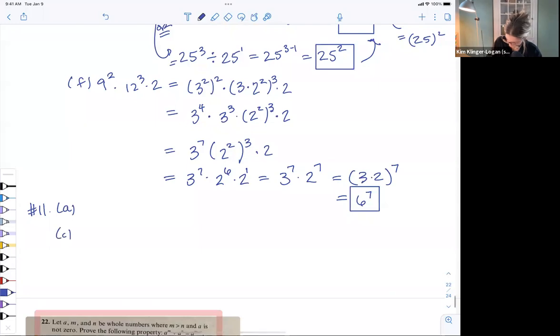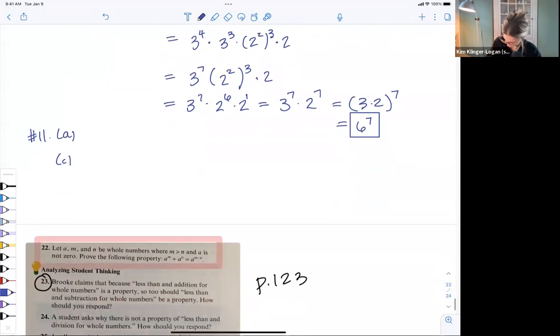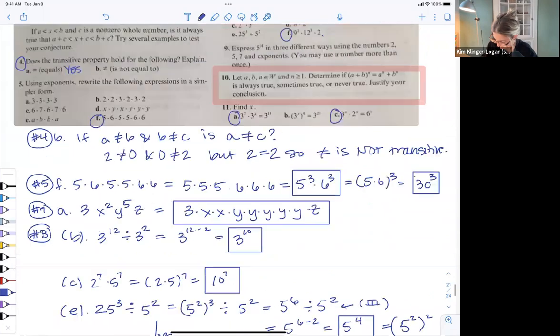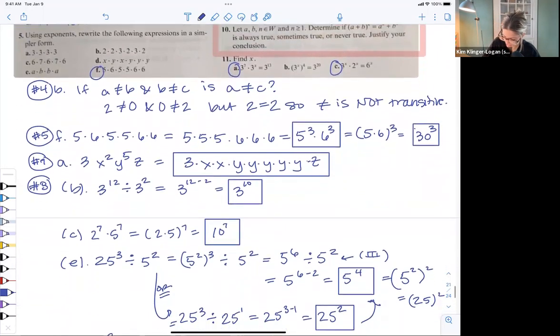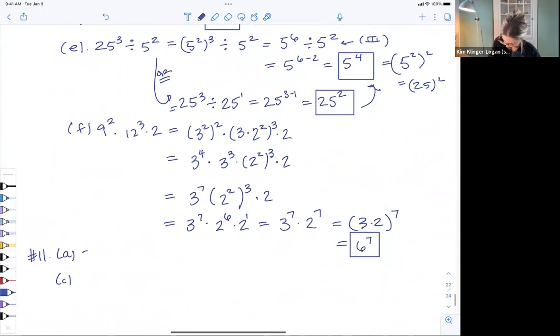Okay. Let's see here. So a is 3 to the 7th times 3 to the x is equal to 3 to the 13th.